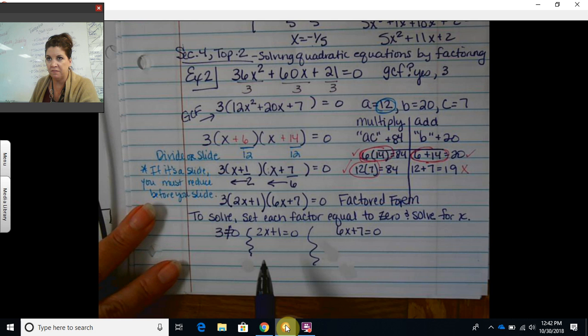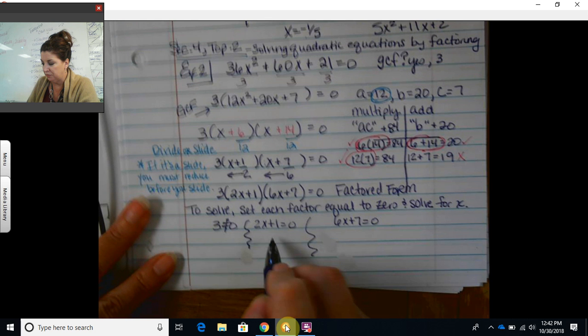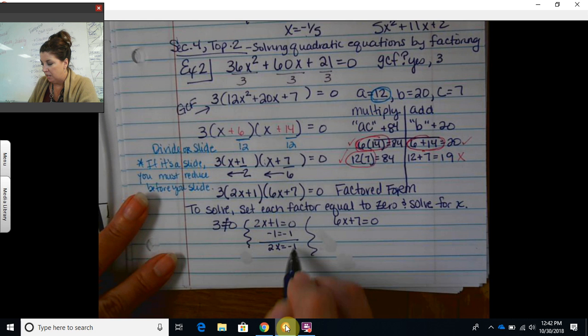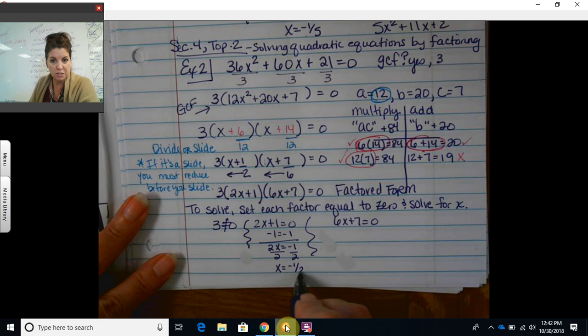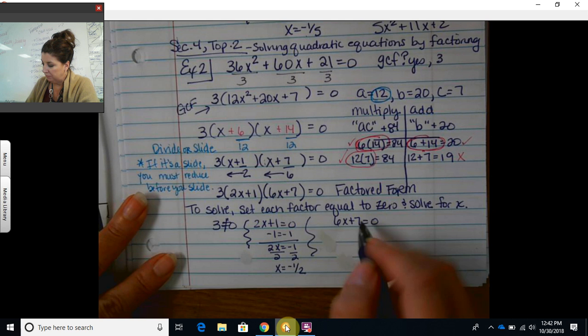So over here, I'll subtract 1 from both sides. So if 2x equals negative 1, divide by 2, and x equals negative 1/2. So there's one of my solutions. And the other one, I'll subtract 7.